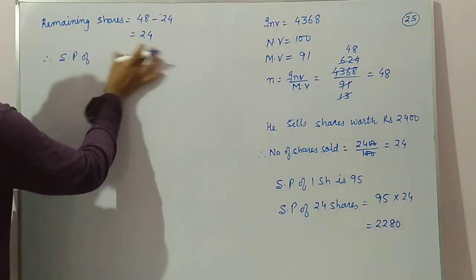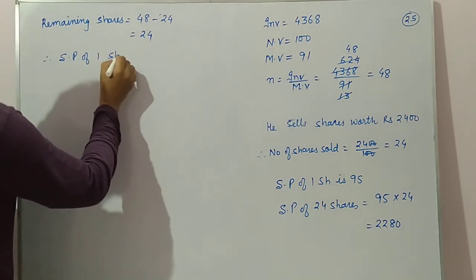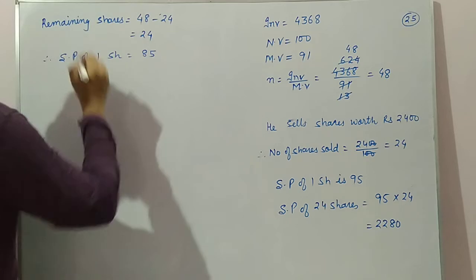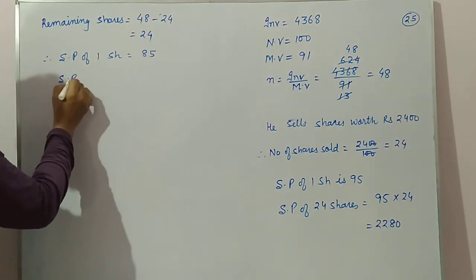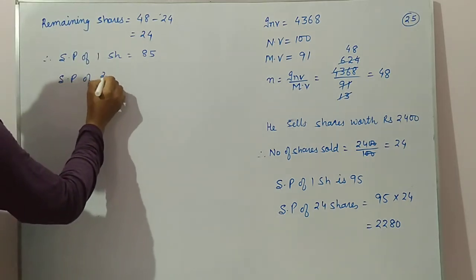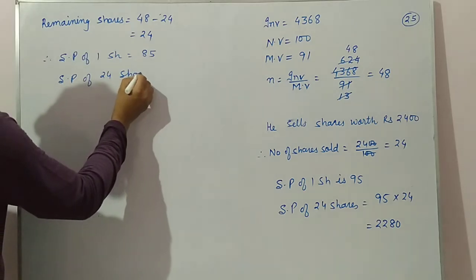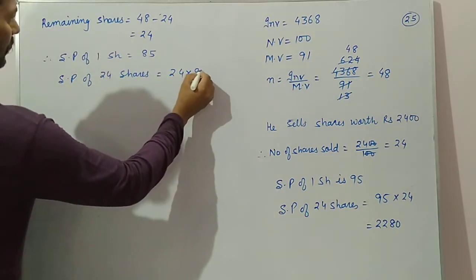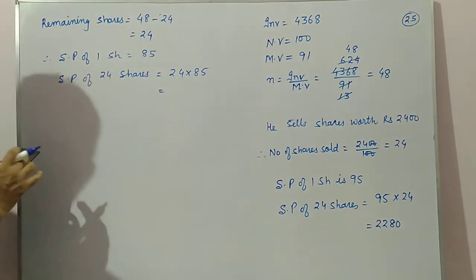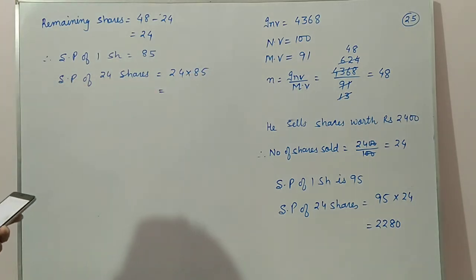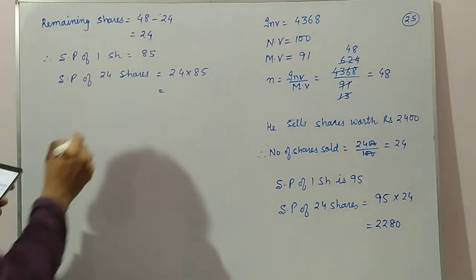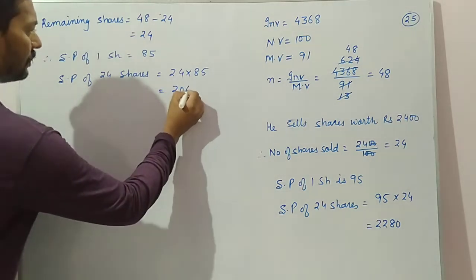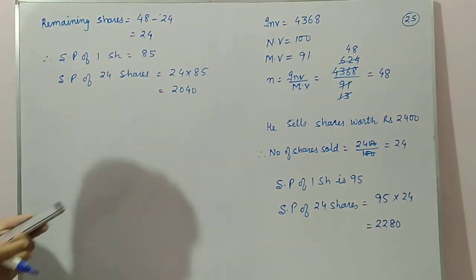SP of one share here is 85. SP of 24 shares, 24 into 85, that is 2040.